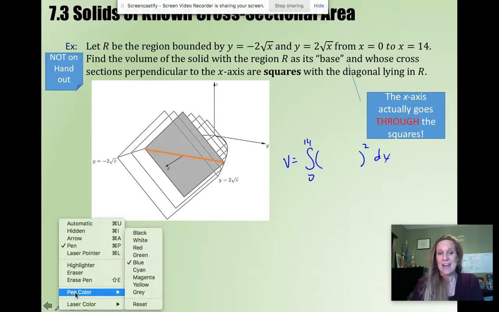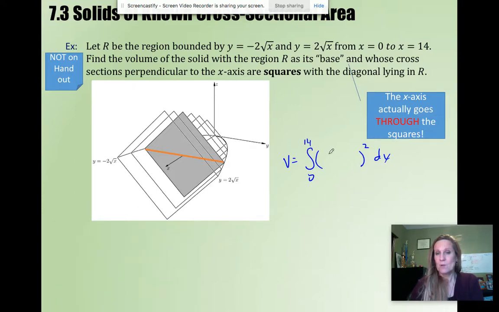I had the diagonal, which is 4 root x, and to get from the diagonal to the side of that rectangle, squared, divide by root 2. So if you clean that up a little bit, this is going to be 16 root x over 2, which is 8 root x.